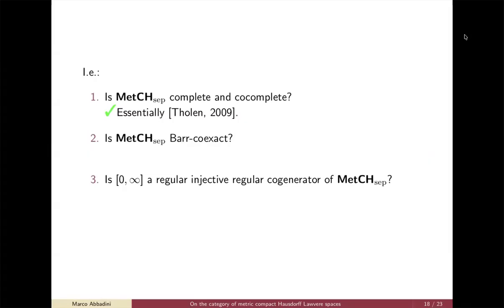Our main result is an answer to the second question, whether this category is Barr-coexact. And this is true. We'll see in a moment in concrete terms what this Barr-coexactness means for this category. And finally, the third question is whether zero infinity is a regular injective regular cogenerator. And this is left for some future work.